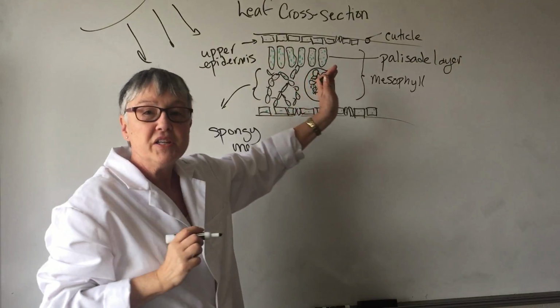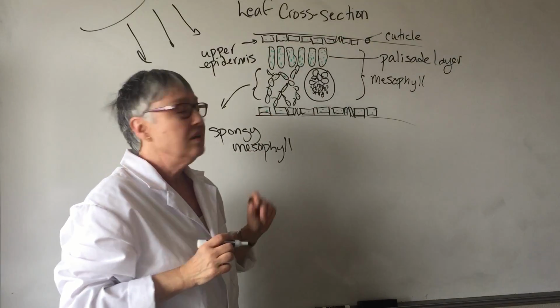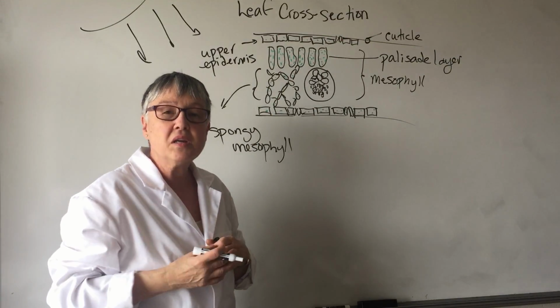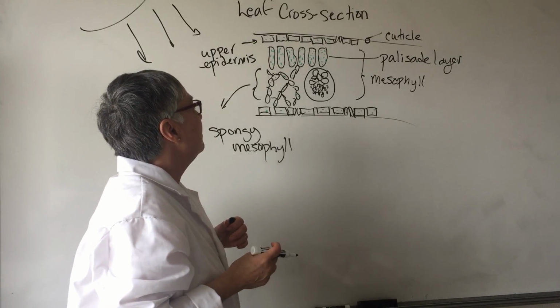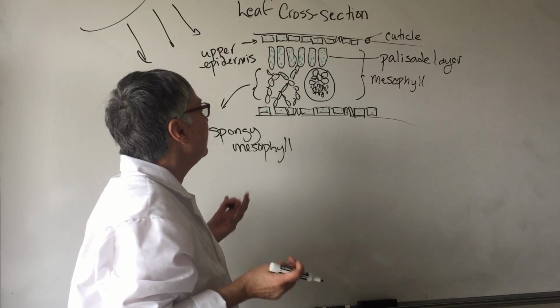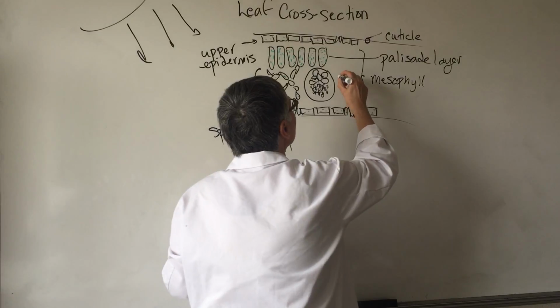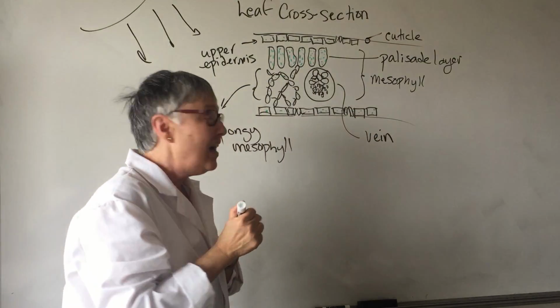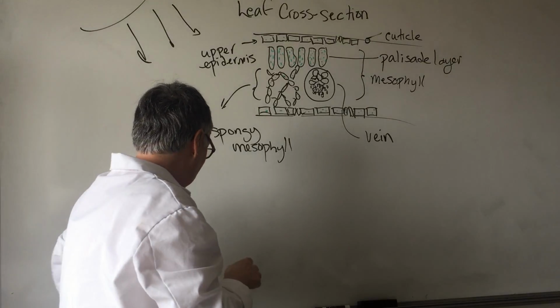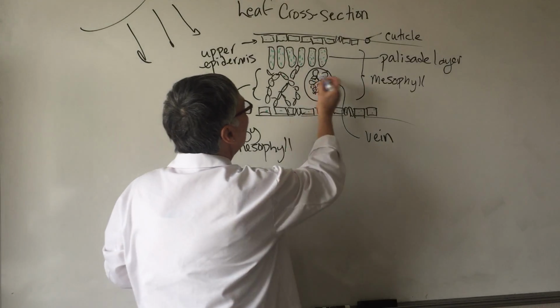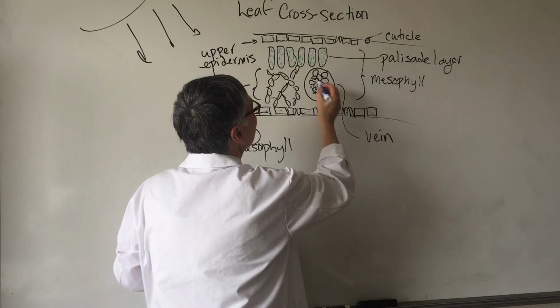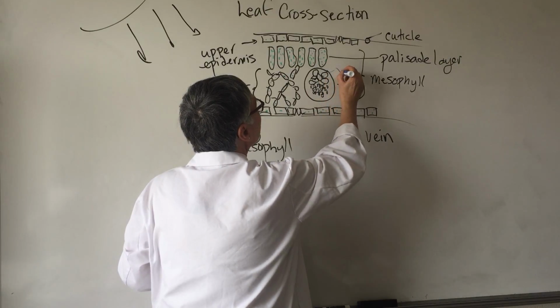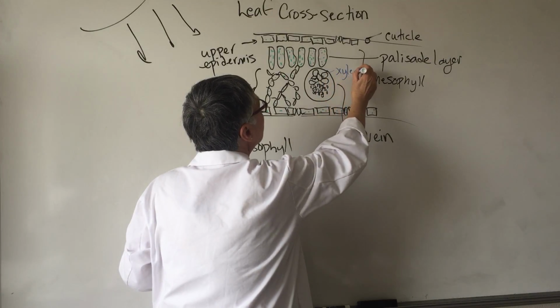In here we have a cross-section of a vein, which is common in the leaves that we're talking about. So we're going to look at what's inside that vein. The upper layer of cells that are very large here is composed of xylem.